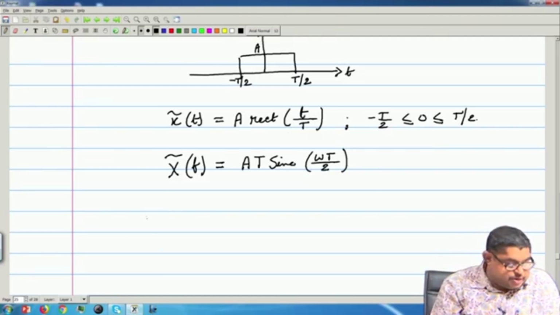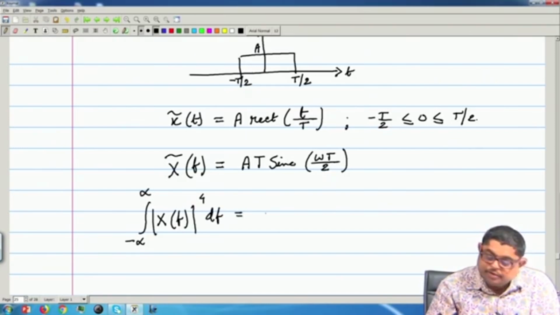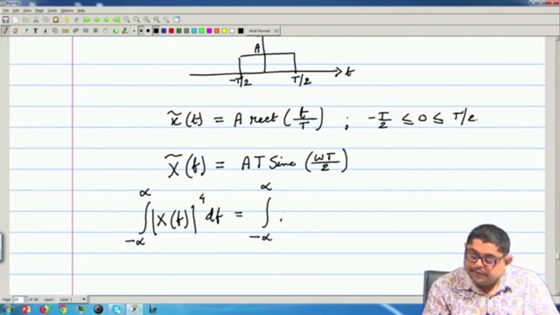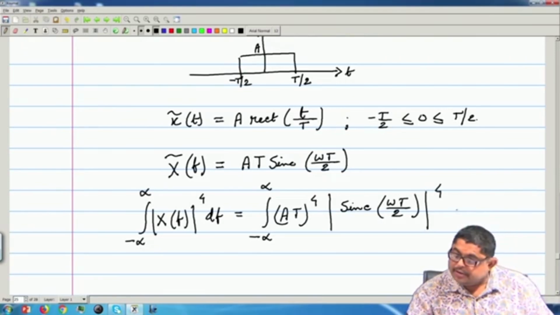Here I will show you that if I take the frequency domain expression, the integral of |X(f)| to the power 4 df, that will be minus infinity to infinity, A t to the power 4, then I have sinc of omega t by 2, whole to the power 4, df.